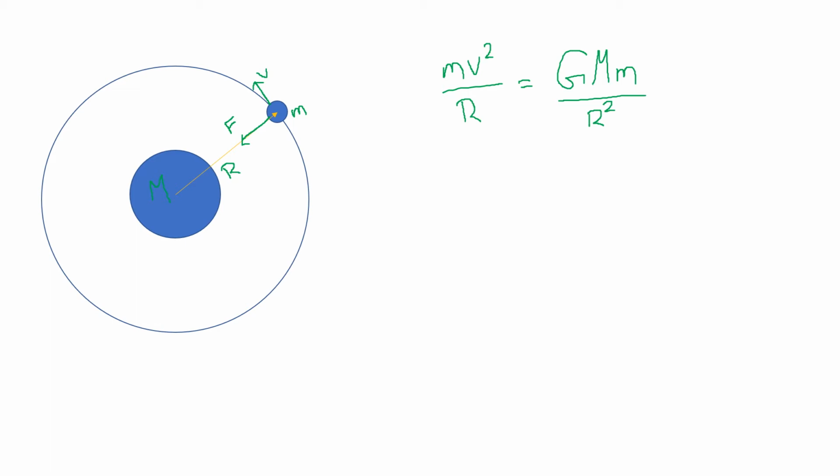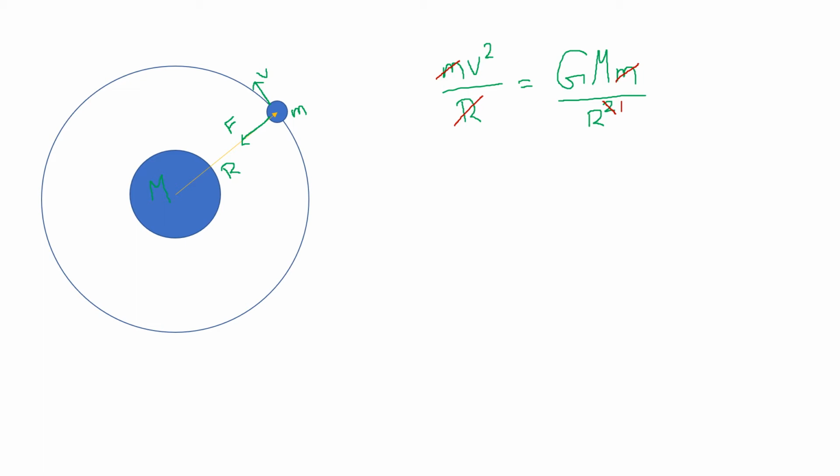We have like terms, so the small masses cancel out, and the power of 2 cancels out, leaving just a power of 1, right?